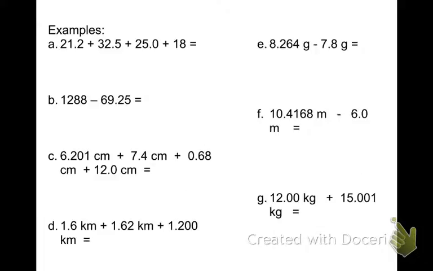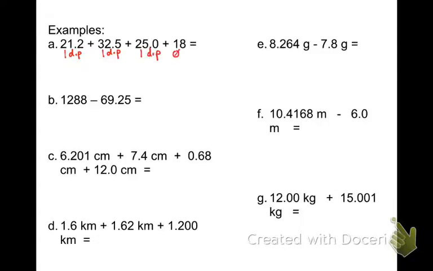So, let's go through these examples. Again, typically you want to line them up so that you can see all of the decimals, but it was just easier to fit it onto this page like this. 21.2 contains one decimal place. 32.5 contains one decimal place. 25.0 also contains one decimal place.